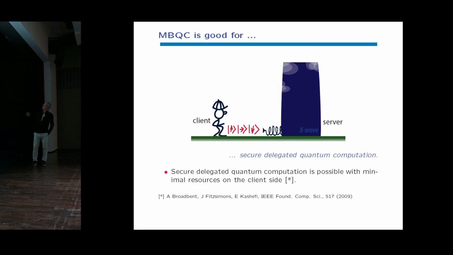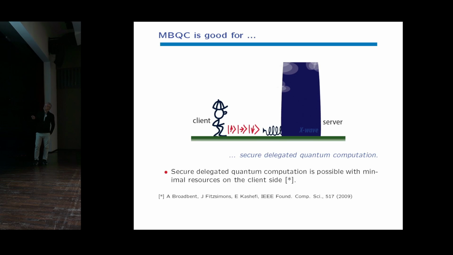But there are things more powerful than you in the world. There are these omnipotent quantum servers that offer to do a computation for you. And so you want to delegate your computations, but under two conditions. You want to be sure this device is not cheating you.